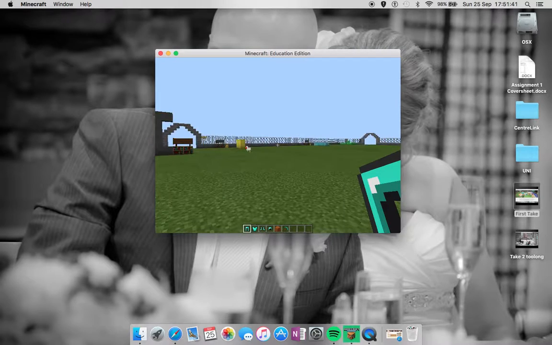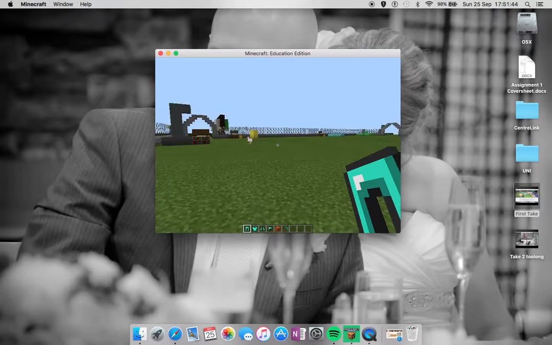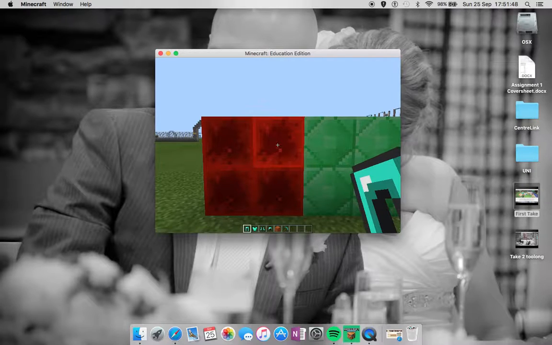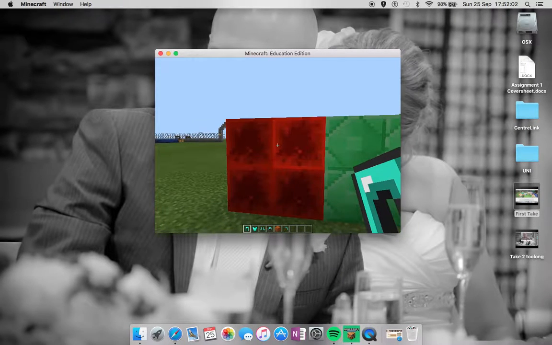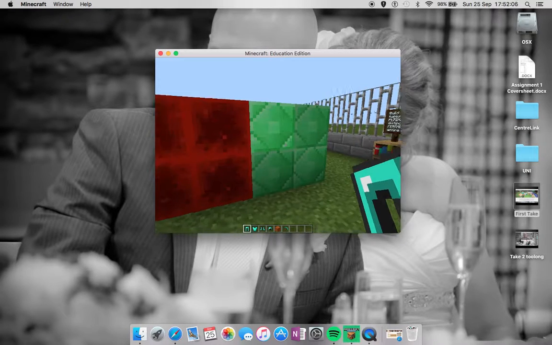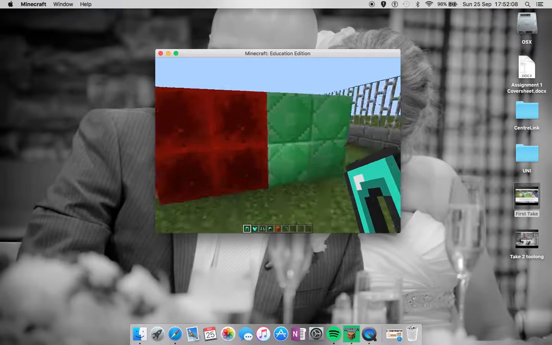This world that I've just loaded is designed to teach Year 5s about perimeter. That's Australian Curriculum number AC MMG109. You can't really see much from here, but this is something that I've already created in this world.